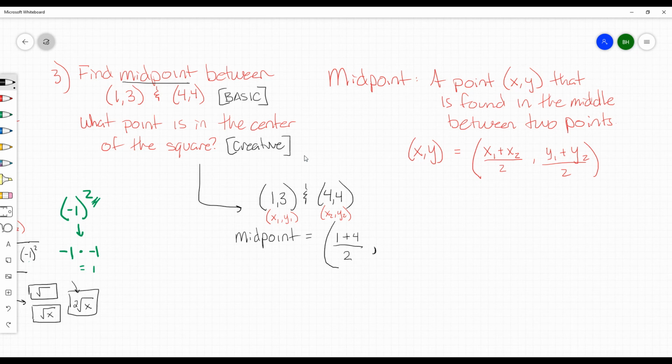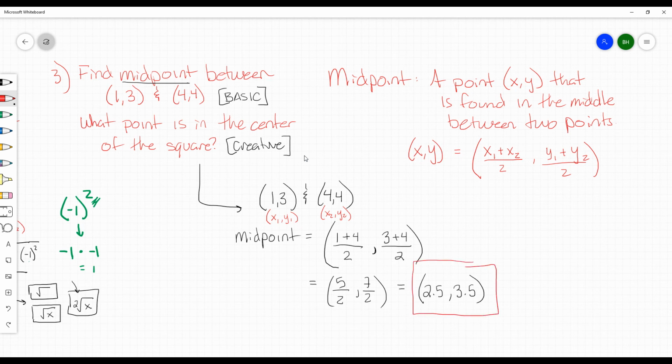The averages of the y terms, so I'm going to do 3 plus 4 divided by 2. And then I can simplify this, so I get 5 over 2 and 7 over 2, which will ultimately simplify to the value of (2.5, 3.5). And just like that, we have potentially found a midpoint.